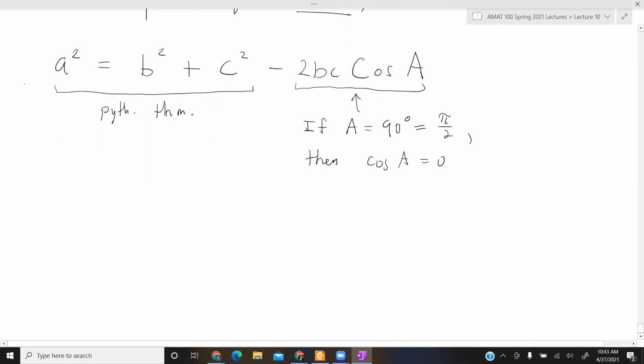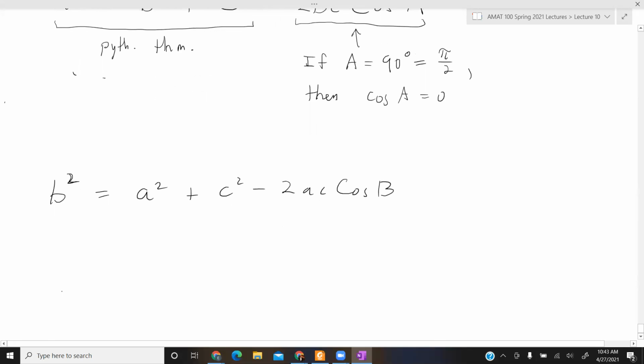There's some other equations. They're similar. And notice when I write these down, we'll look at how to sort of memorize these formulas. So you have b squared equals a squared plus c squared minus 2ac cosine b.